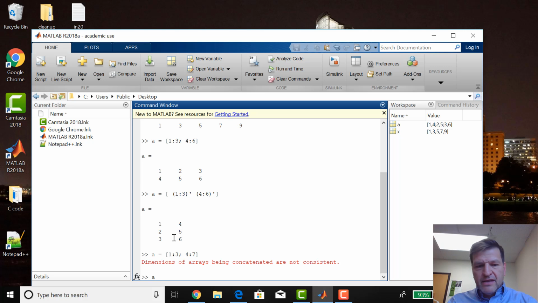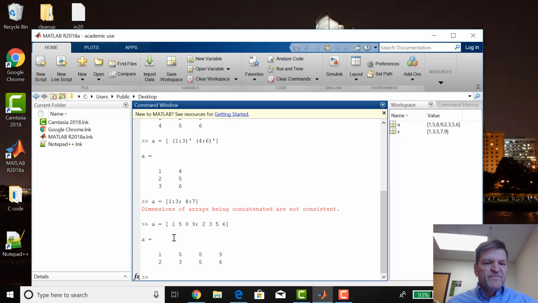You can say A equals 1, 5, 8, 9; 2, 3, 5, 6. You can just enter numbers directly. So numbers separated by spaces: 1, space, 5 goes one column over, space, 8 goes over, space, 9 goes over, semicolon, new line, 2, then space 3, one column over, then 5, one column over, then 6, one column over, separated by spaces.